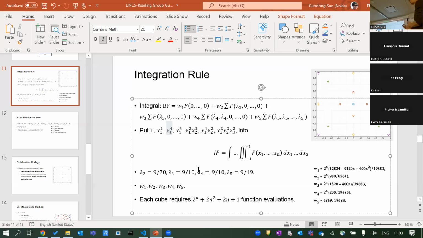But the solver itself considers the basis of this functional space you are interested in.